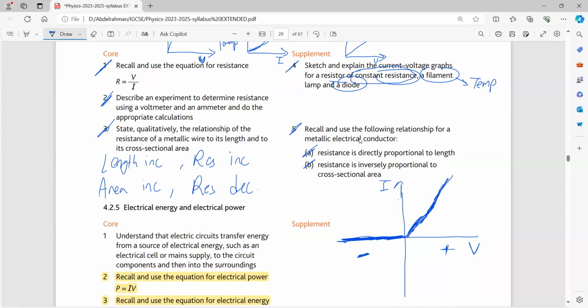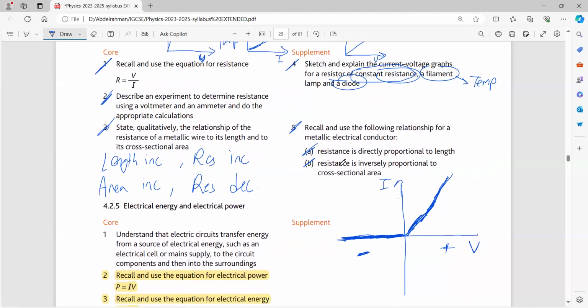And you can use an equation. It's a very simple equation. For the length, if you have the length, you can use R1 over L1 equals R2 over L2. That's regarding the length, because when the length increases, the resistance will increase. It's directly proportional.